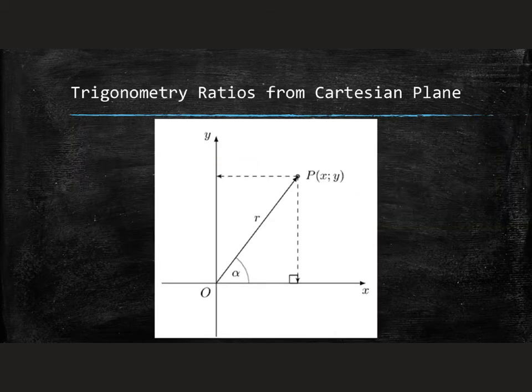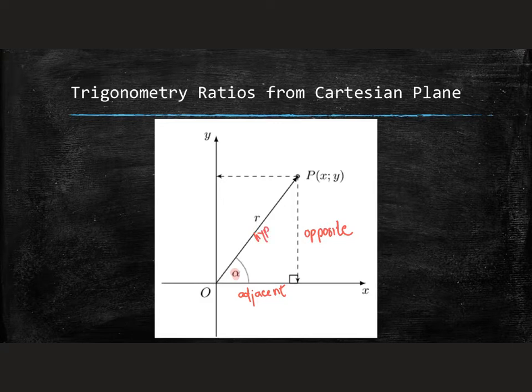The second way we can speak about the trig ratios is in relation to their Cartesian plane allocation. So if we were standing at the corner that is indicated by alpha, alpha itself has a specific corresponding opposite angle. So opposite alpha would be this side, adjacent to alpha would be this side, and then what we still have here is the hypotenuse.